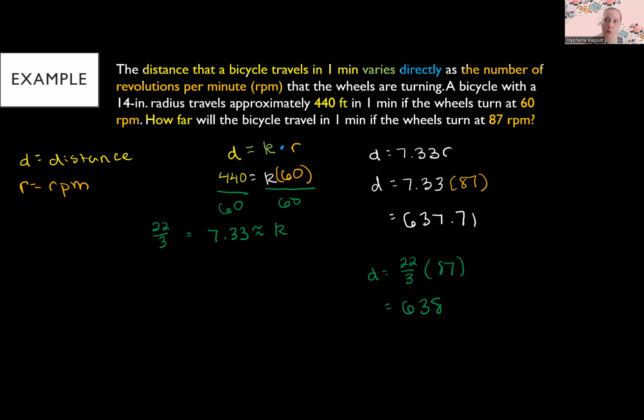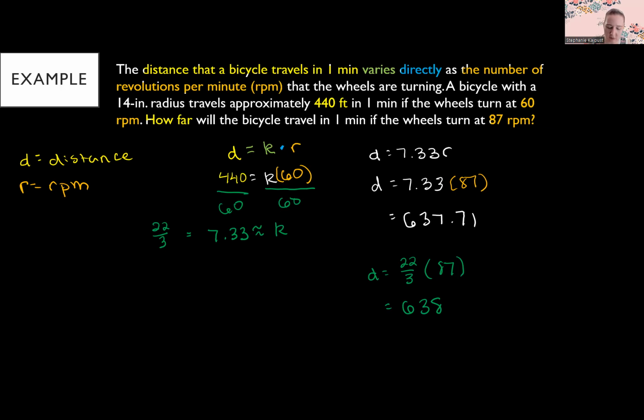Sometimes it says don't round any intermediate steps, so you only round at the end. So you really need to pay attention to the wording there to know where you're rounding, how far you're rounding. Like they might tell you to round to the nearest whole number, which then you'll get the same answer no matter which method you do here.